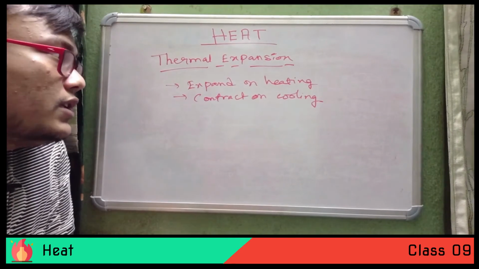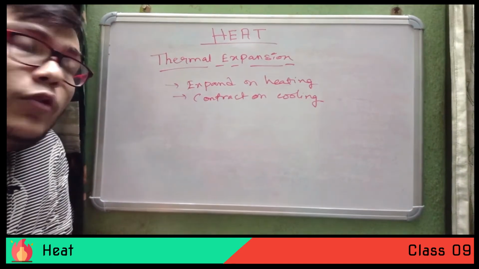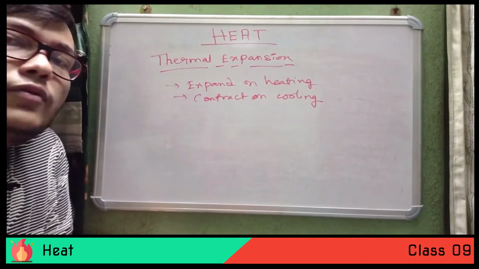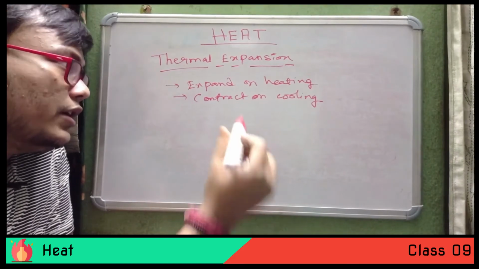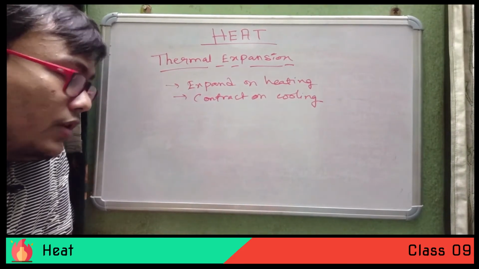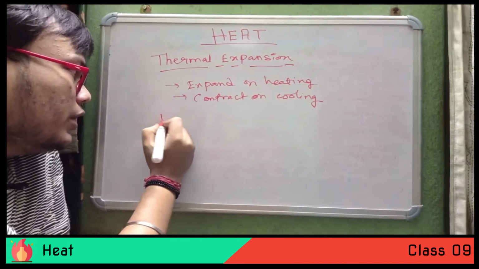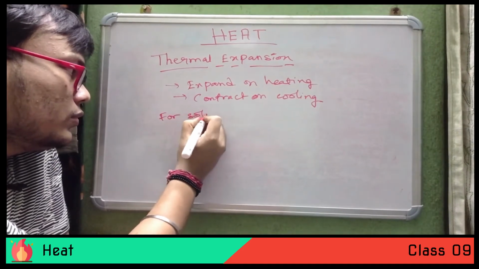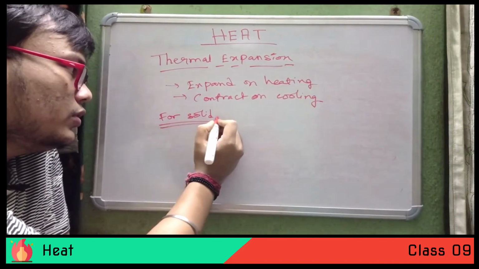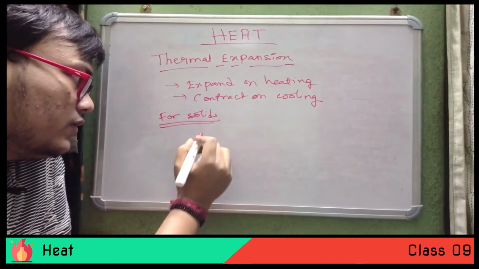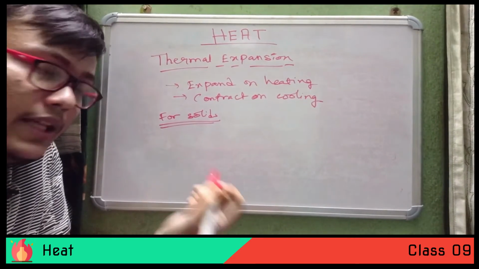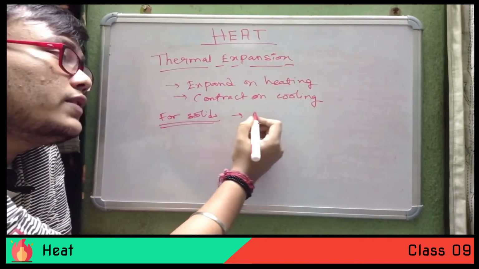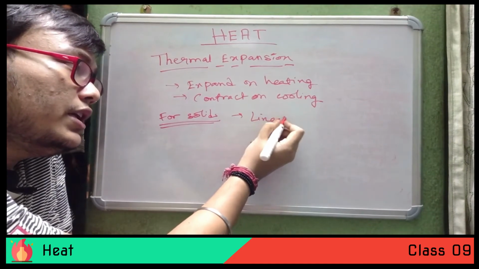When we increase the temperature, their volumes expand, and on cooling their volumes decrease, so they contract. Now for solids there are three types of expansion. When there is an increase in the length of the solid, it is known as linear expansion.